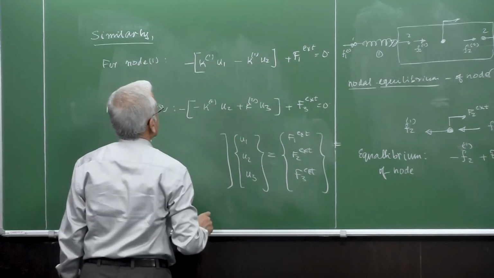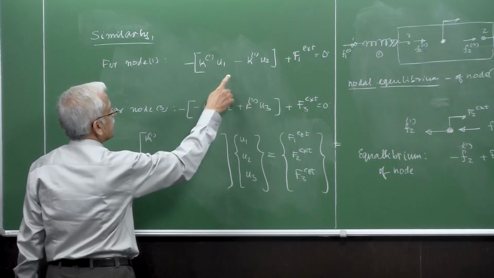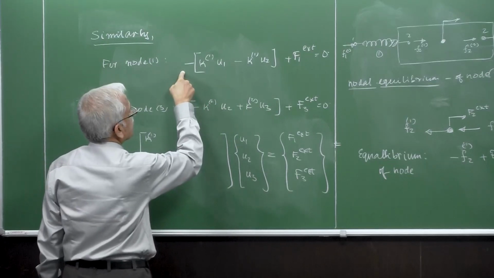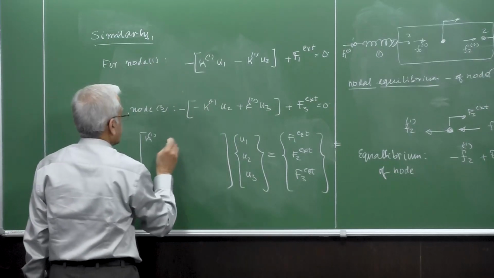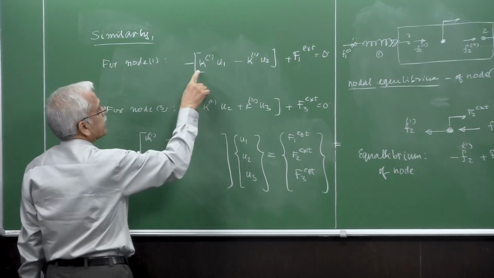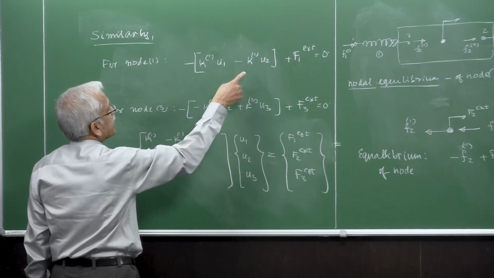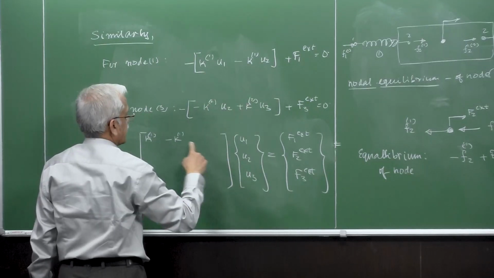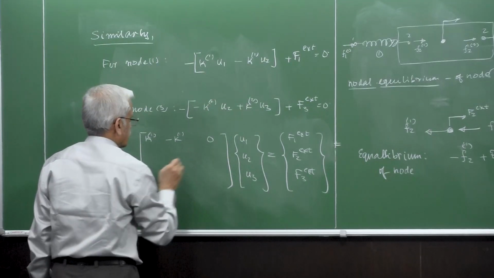The first equation is coming from the equilibrium of node 1: K1, minus K1 U2 and nothing of U3.